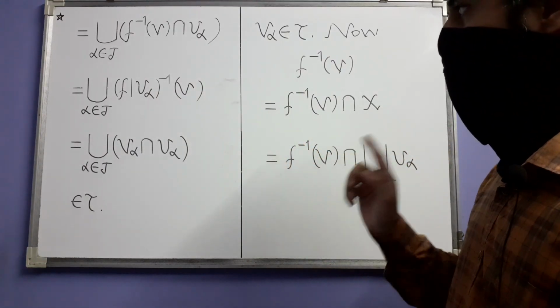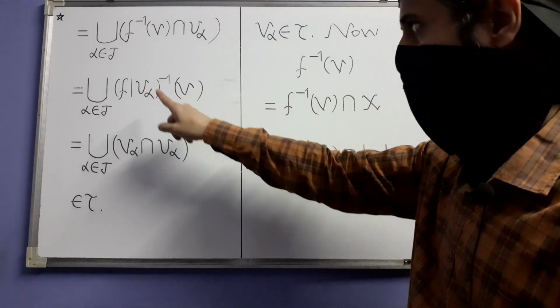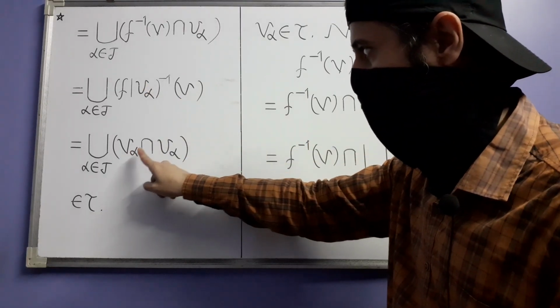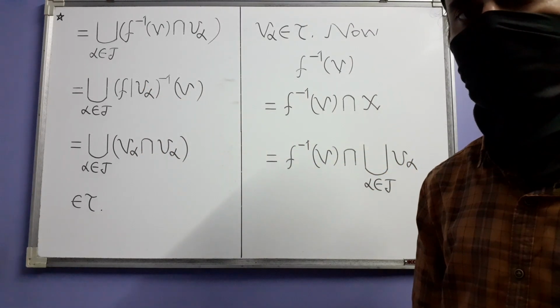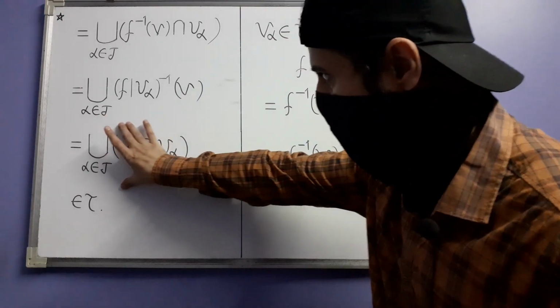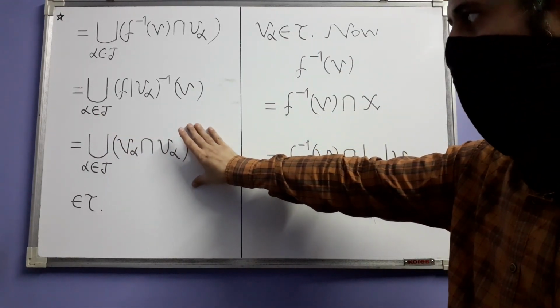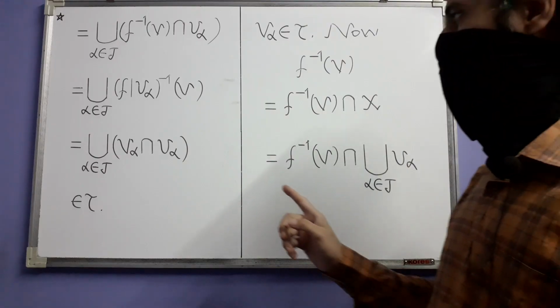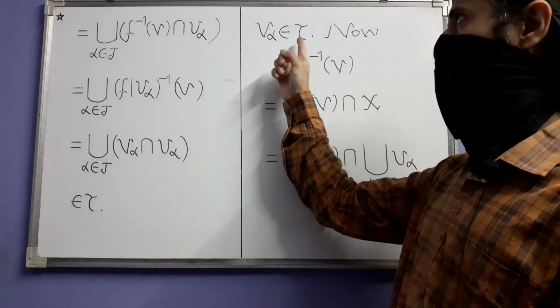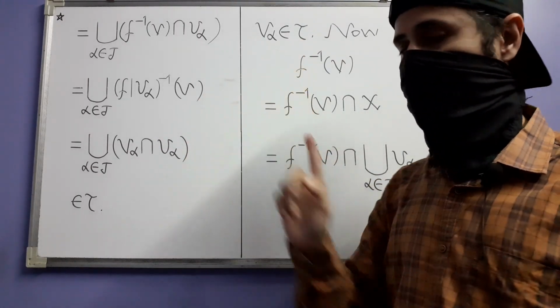But then what do you know about this? Just now we saw that this is nothing but V alpha intersection U alpha. Now what can you say about this union? One thing that you immediately note is that all these V alphas come from tau. And what about the U alphas?